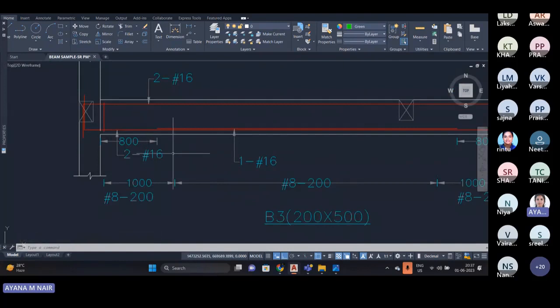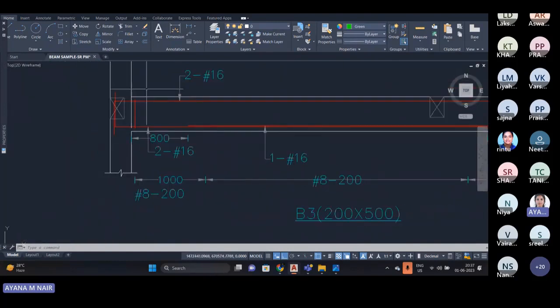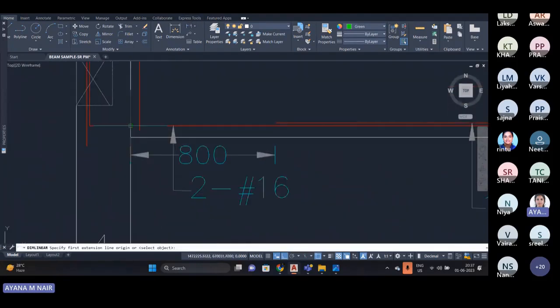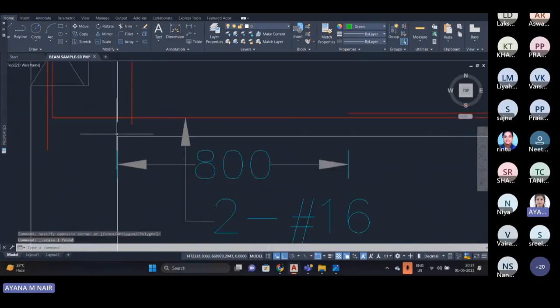Now we have to make sure that this drafting is correct for the stirrups. So usually the stirrups are provided at a distance of 50 from this column section. So here it is already correct. Otherwise, we have to correct it accordingly.